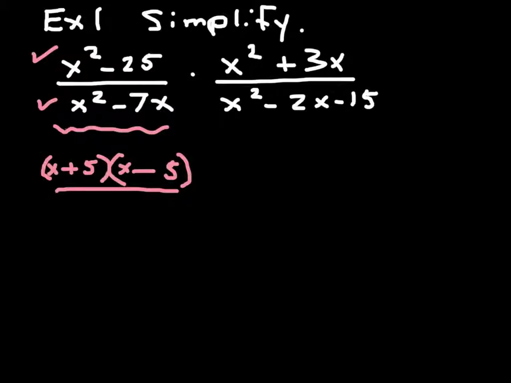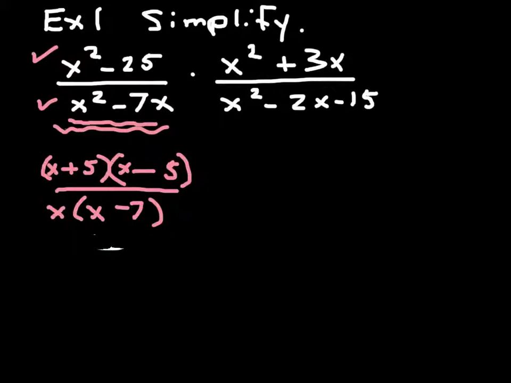But I can notice that there is an x that's common in both of them. I can factor out an x, and when I do that, I have x minus 7 left. Now if I check that and distribute the x, x times x is x squared minus 7x. So I did it correctly.